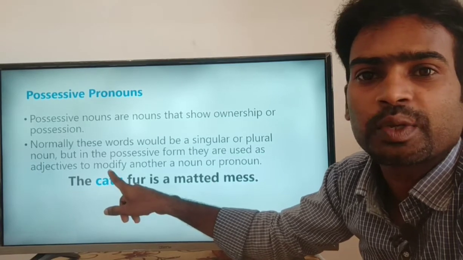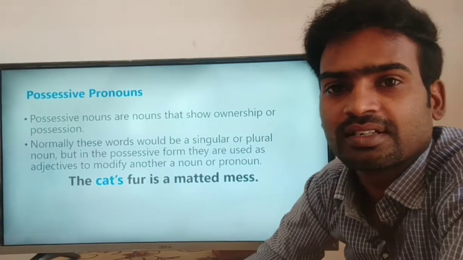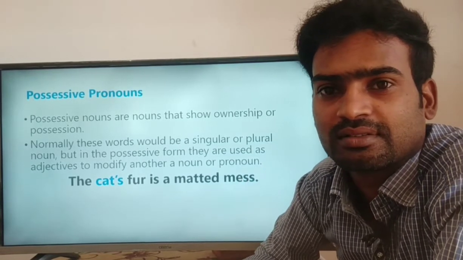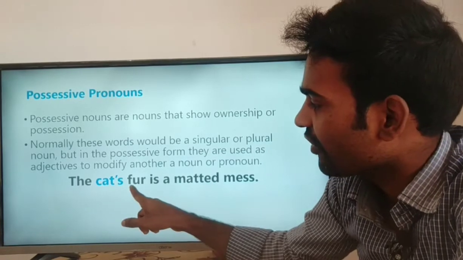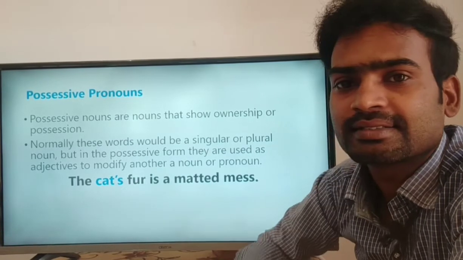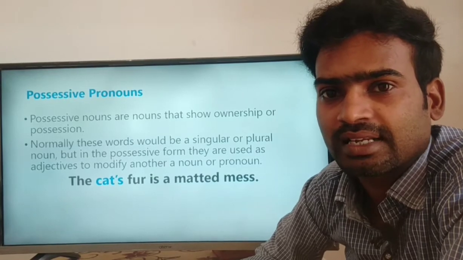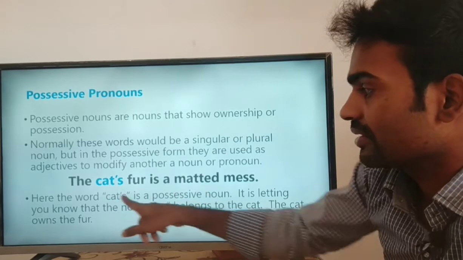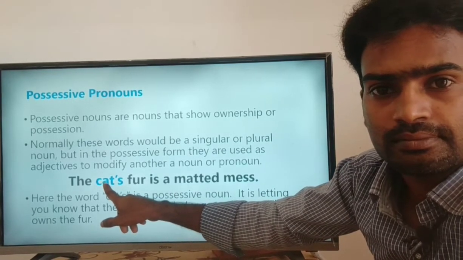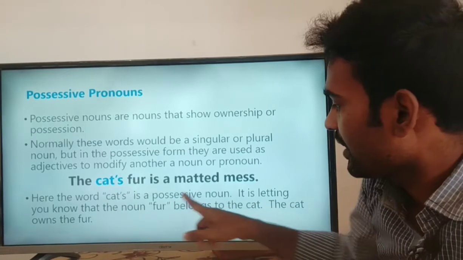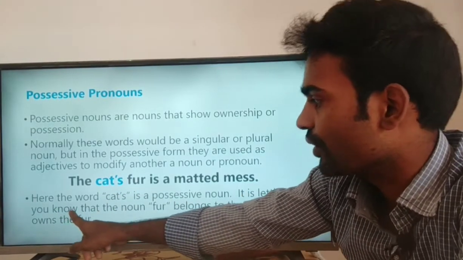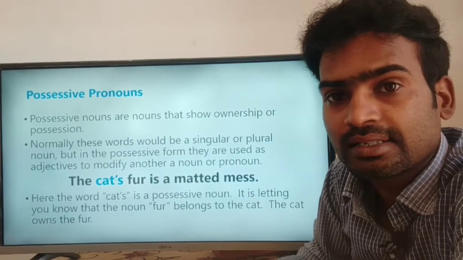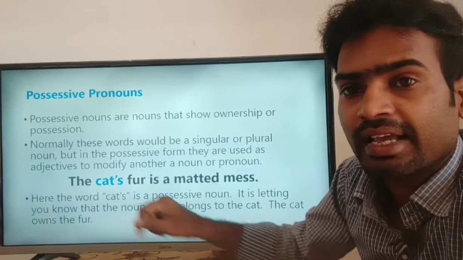How does it change, how can we identify it? Because of the apostrophe. With the apostrophe only, we can identify the possessive form. Why? Because the fur belongs to the cat, right? Like that we saw last class. And here the word cat is a possessive noun, and it lets you know that the fur belongs to the cat.